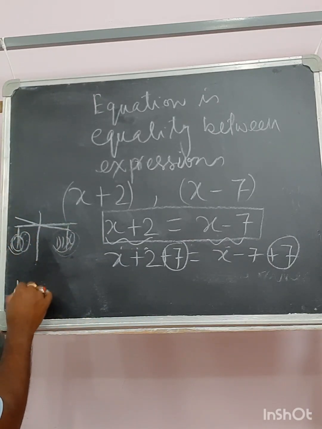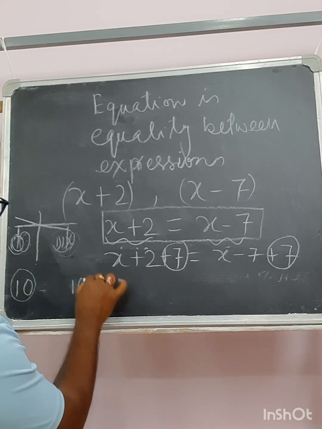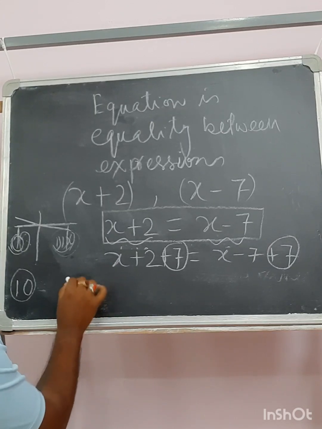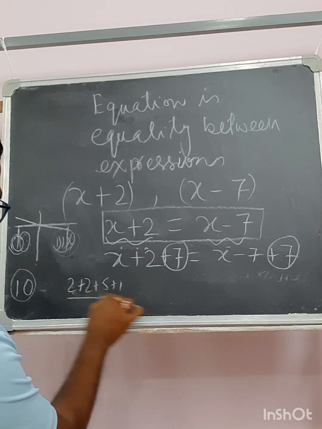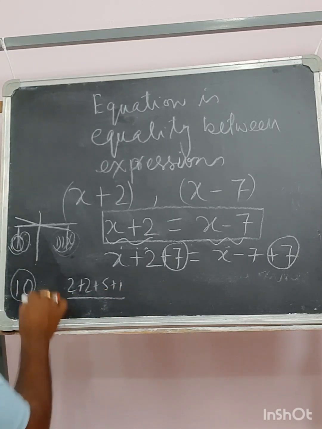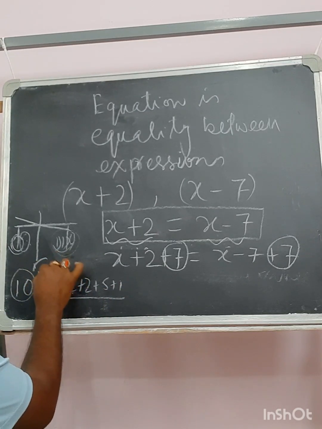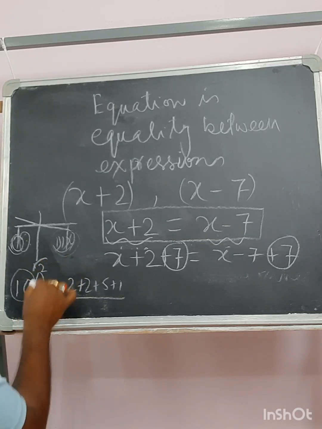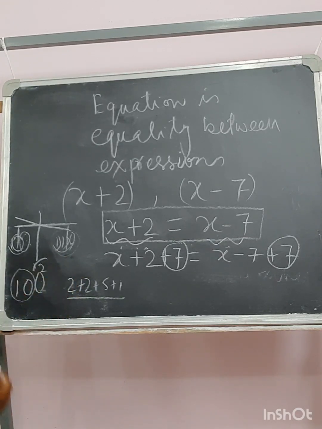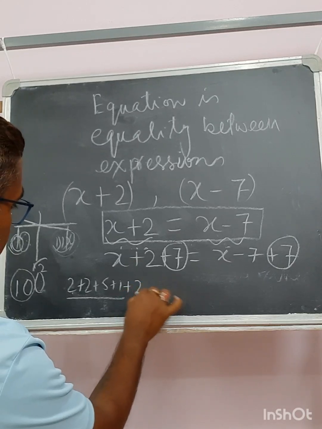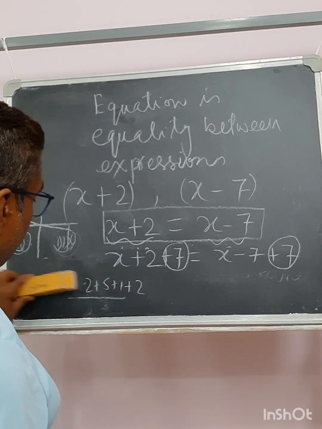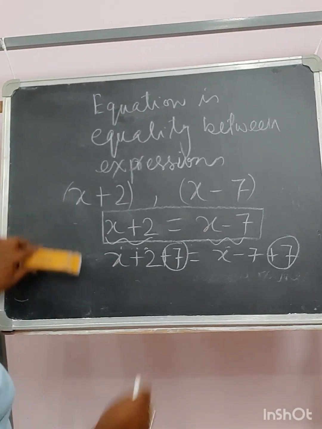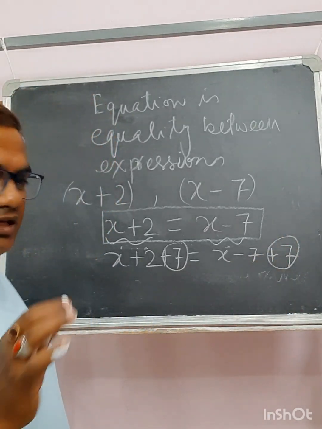Let's say the dead weight is 10 kg and I am slowly adding up to 10 kg, like 2 plus 2 plus 5 plus 1, reaching that equilibrium. Then if I put some dead weight of 2 kg here and again 2 kg there, the equilibrium will not break. Until I put the same thing on both sides, it won't change its equilibrium.